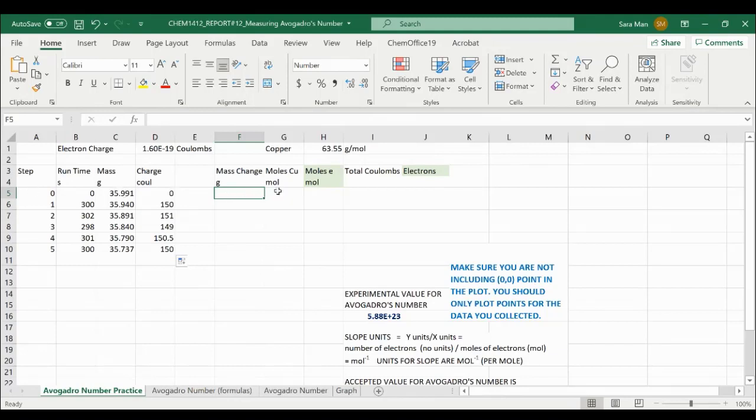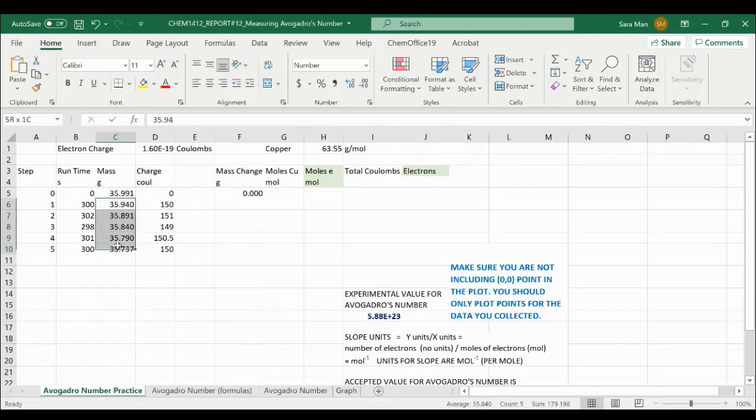We didn't lose anything, right? Because we didn't pass any current in step number 0. So basically, it will be 0. It will be no mass change. I started with 35.990 and I ended up with the same.